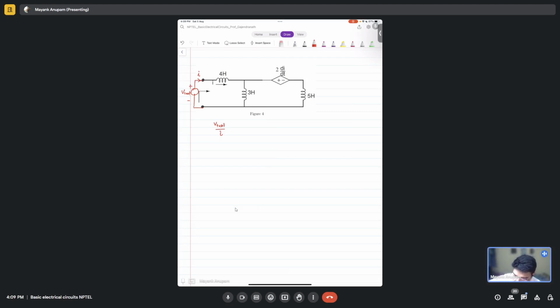It absolutely doesn't make any difference. Both will give you the same answer, and both will be almost equally time consuming here. So I will just proceed with KVL here. For KVL, what is the first thing that I need to do?